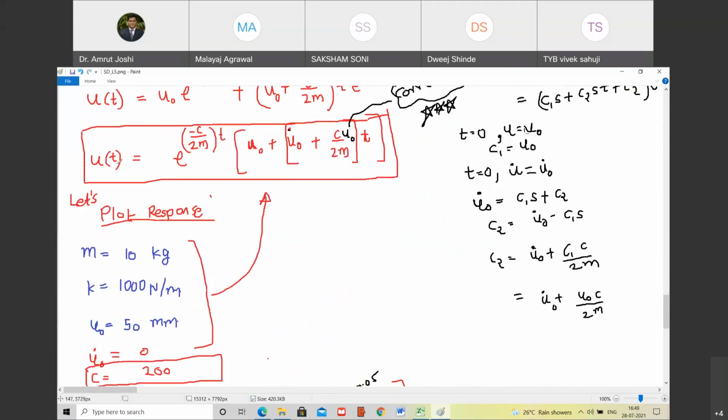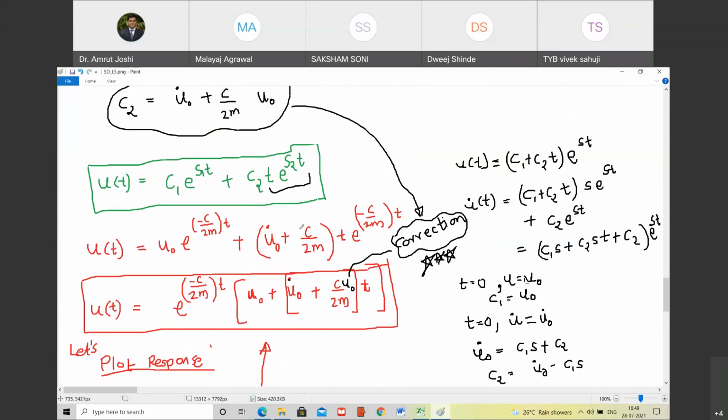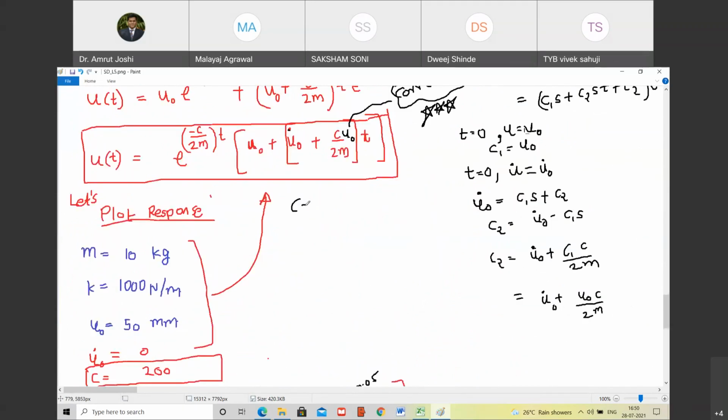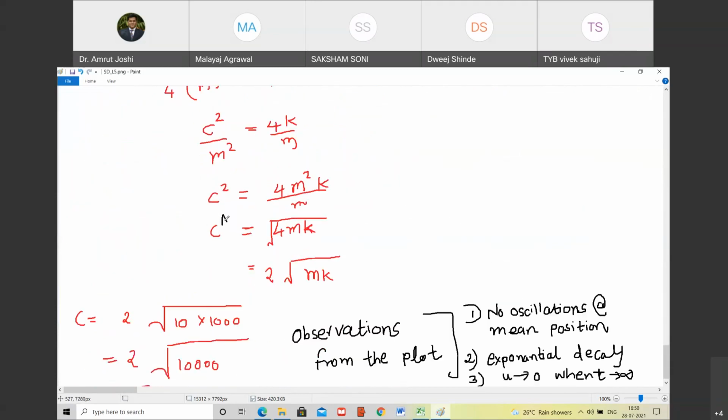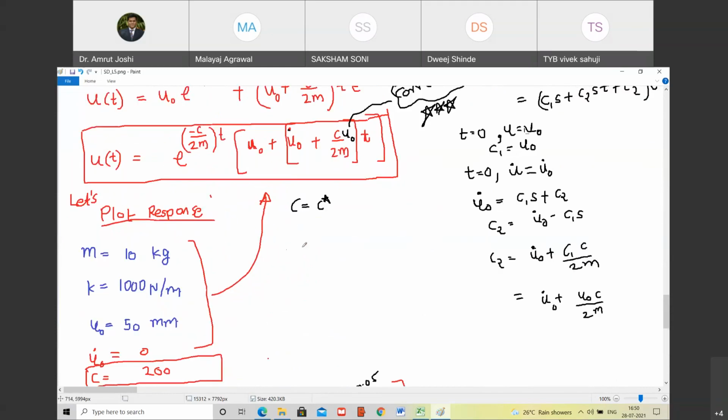So we have got the solution in terms of all known quantities. And we already know that the value of C here is C star, because we are talking about the critically damped system. So C equal to C star, and I have shown here that C star is equal to 2 root mk.